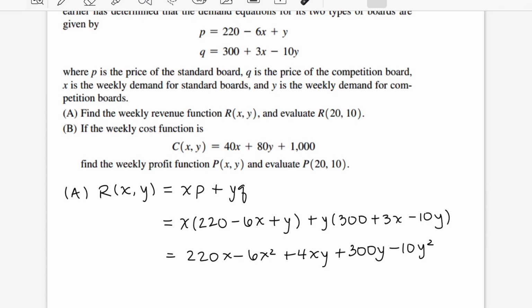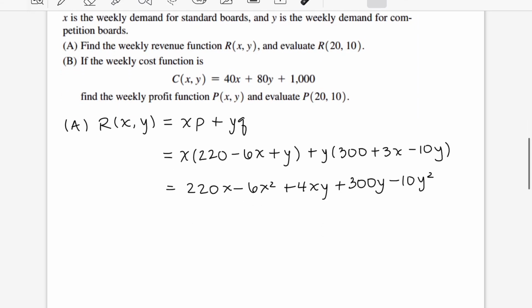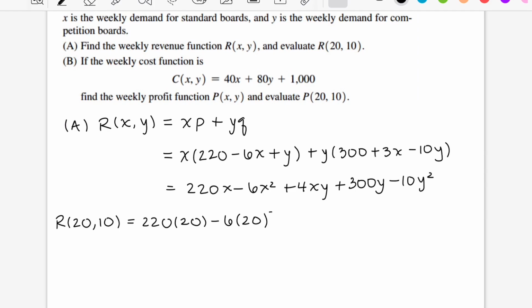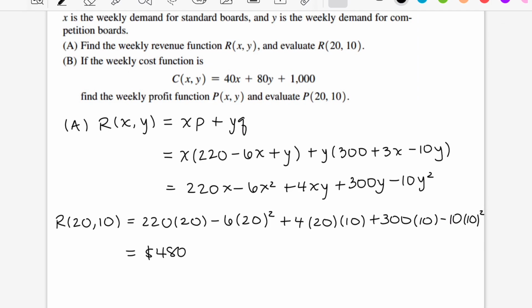Now the next thing we want to do is evaluate our revenue function when x is equal to 20 and y is equal to 10. So plugging in these guys here, we'll get this here. All right, and then evaluating this will give us $4,800.